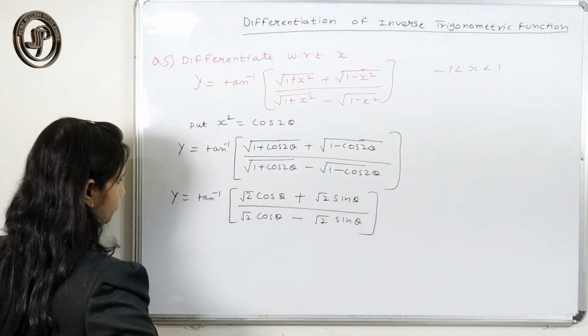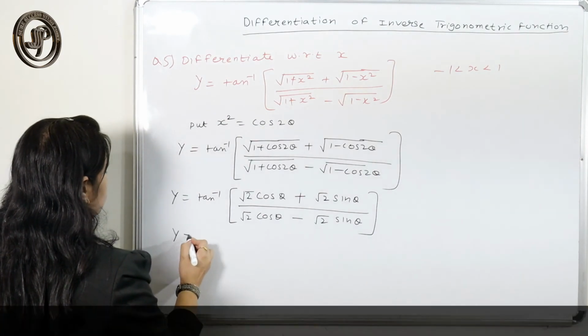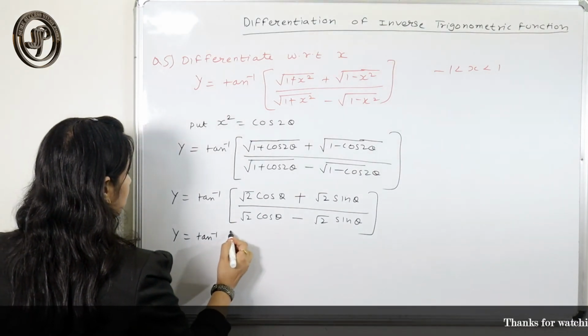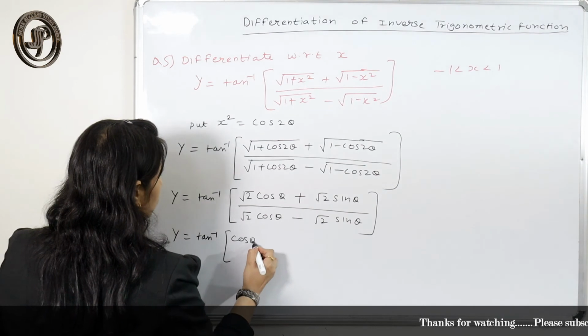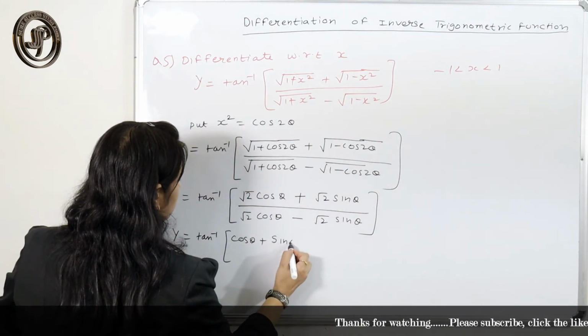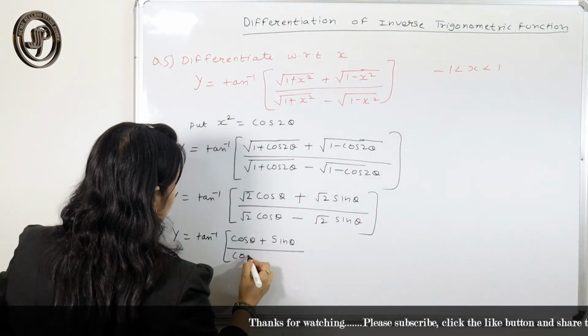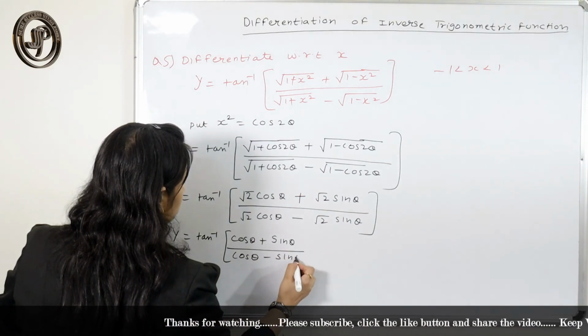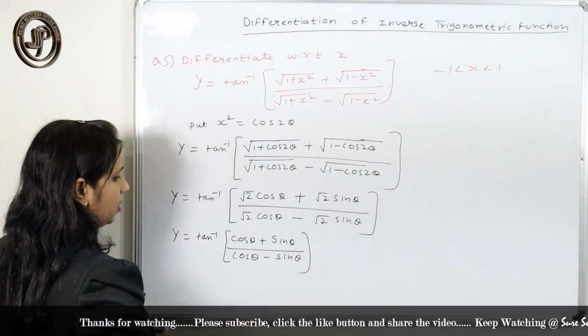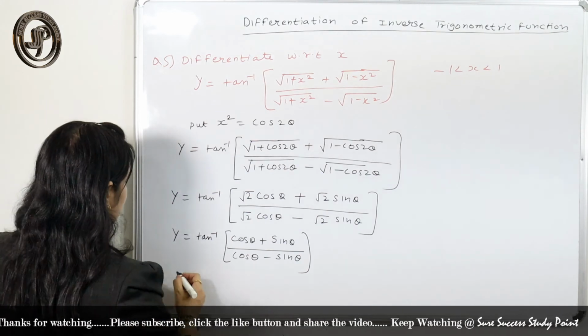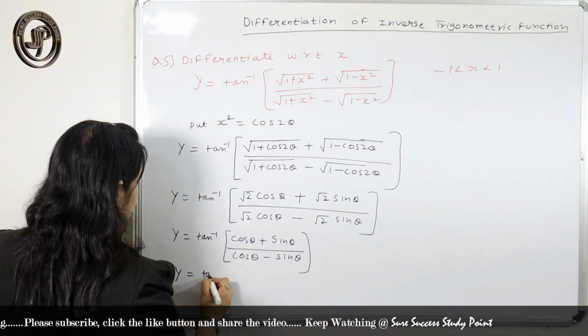Now if you take root 2 common, it will cancel out. So it is cos theta plus sin theta upon cos theta minus sin theta. Okay, clear?